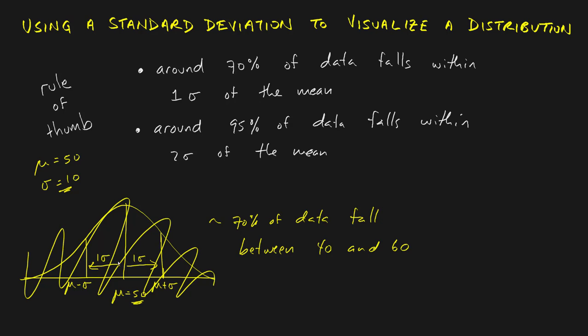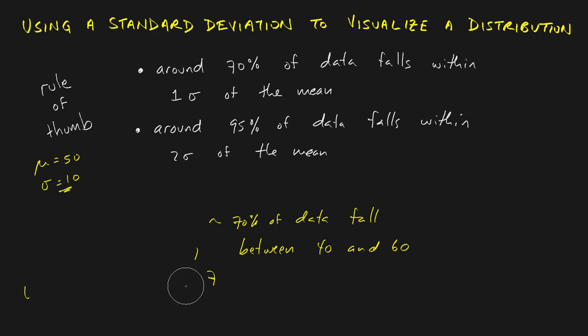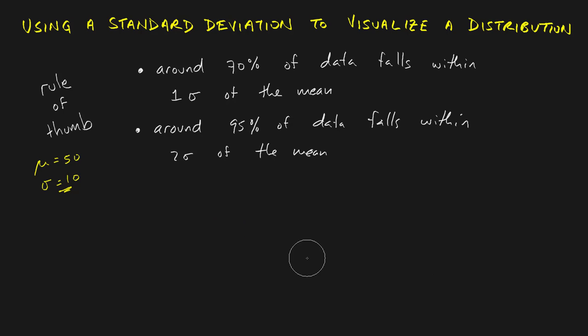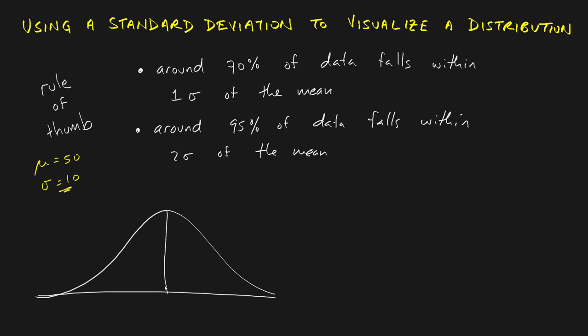So if I was, once again, to have that distribution drawn, and most of my data fell within one standard deviation of the mean, or about 70%, then almost all of my data would be covered if I didn't just measure within one standard deviation, but if in fact I went 2 standard deviations.